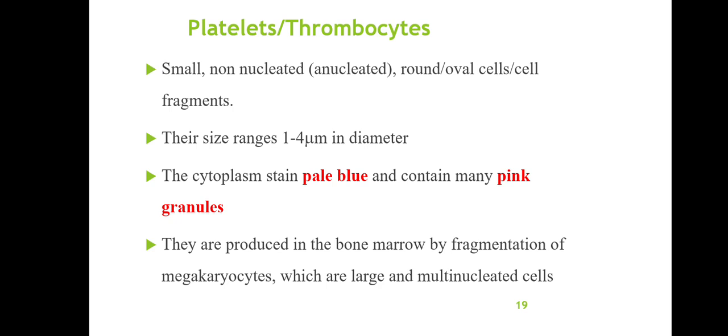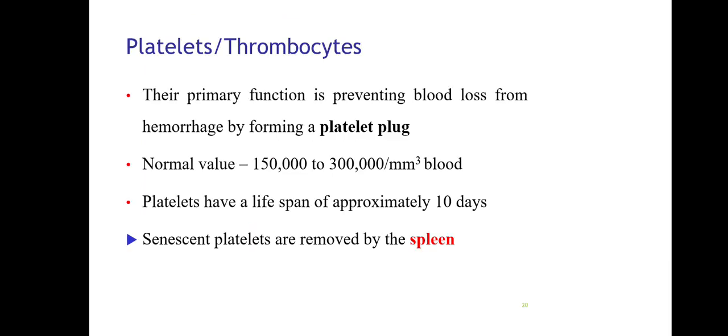They contain granules. They are produced in the bone marrow from fragments of megakaryocytes, which are large, multinucleated cells. Okay, megakaryocytes, these are what produce platelets. Let's know that particular point. Their primary function is to prevent blood loss from hemorrhage by forming a platelet plug.